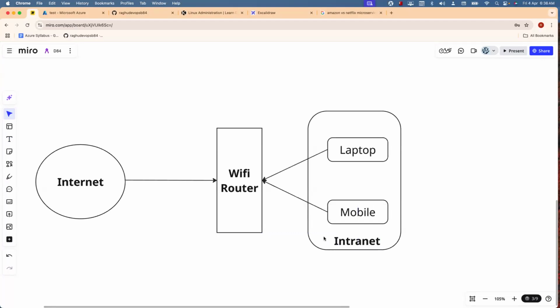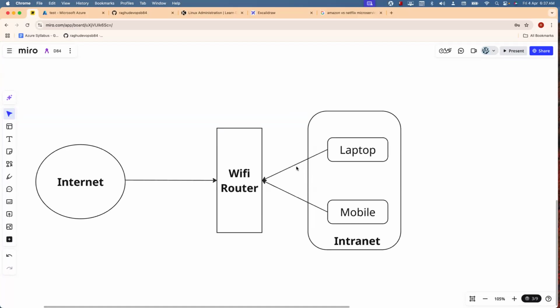They form a small network under your Wi-Fi router, or it can be any router. So the communication between device to device is an intranet. This is the internet, and this is the intranet.